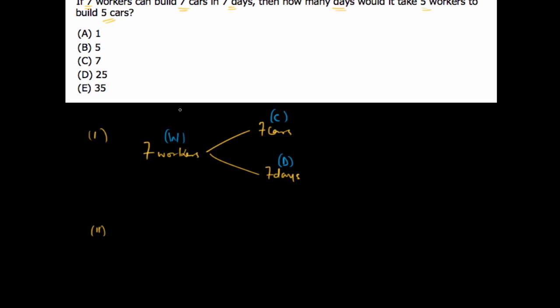For the second statement, it says how many days would it take 5 workers to build 5 cars? So for the second statement we have 5 workers building 5 cars, and we are told to find how many days it would take.